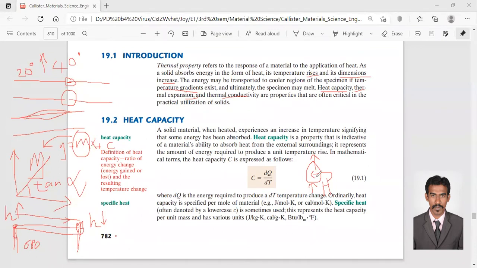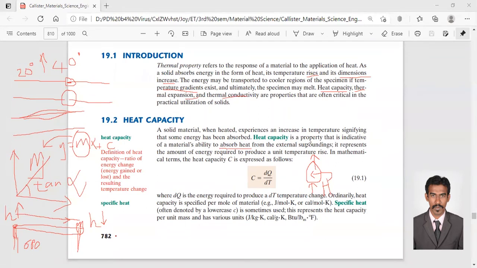Heat capacity is a property that is indicative of a material's ability to absorb heat from the external surrounding. So how much heat a material can absorb is indicated by the heat capacity.